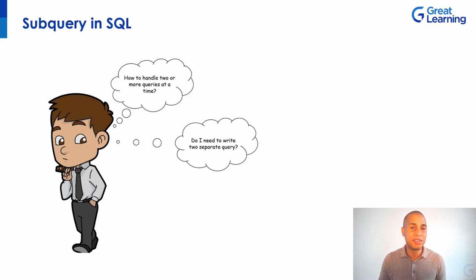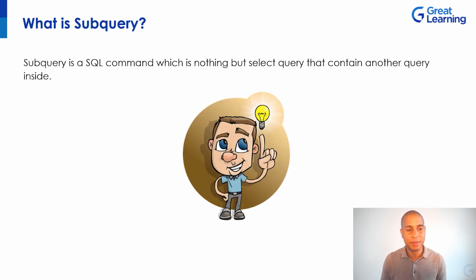At that point, we start looking at subqueries. A subquery is a SQL command which is nothing but a select query that contains another query. So we're selecting from that initial query that you made.